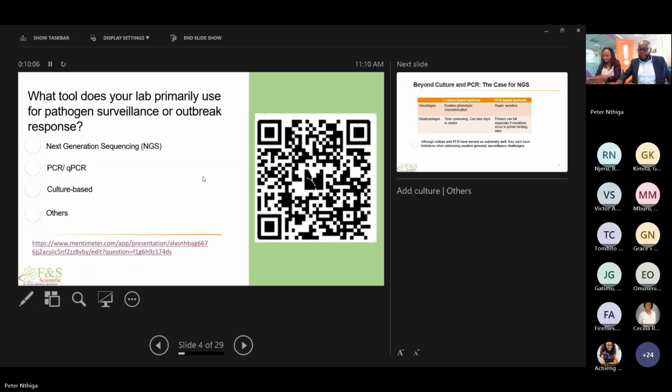So maybe we can have a tally on the chat. What tool does your lab primarily use for pathogen surveillance or outbreak response? Maybe you can type it in the chat. So let's use the chat box to answer the question.